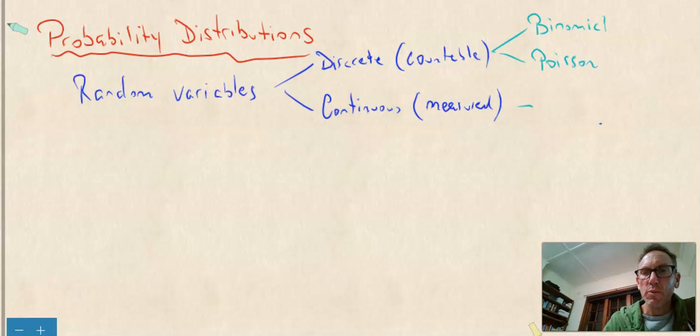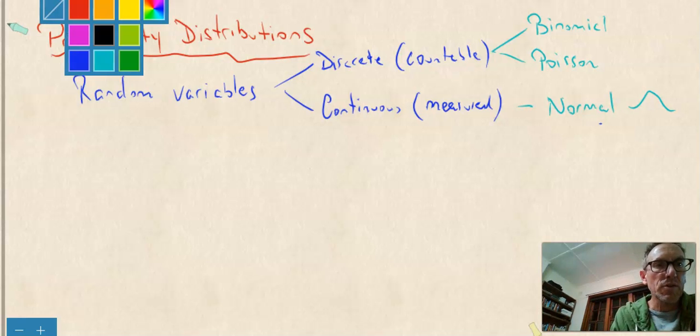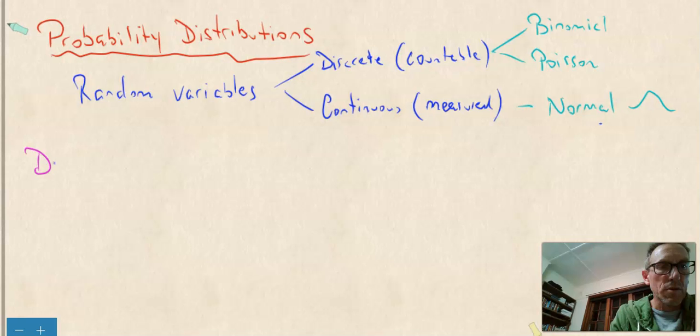And in continuous, we are going to look at the normal distribution, the bell curve. Okay, so let's kick things off with discrete random variables as our starting point.